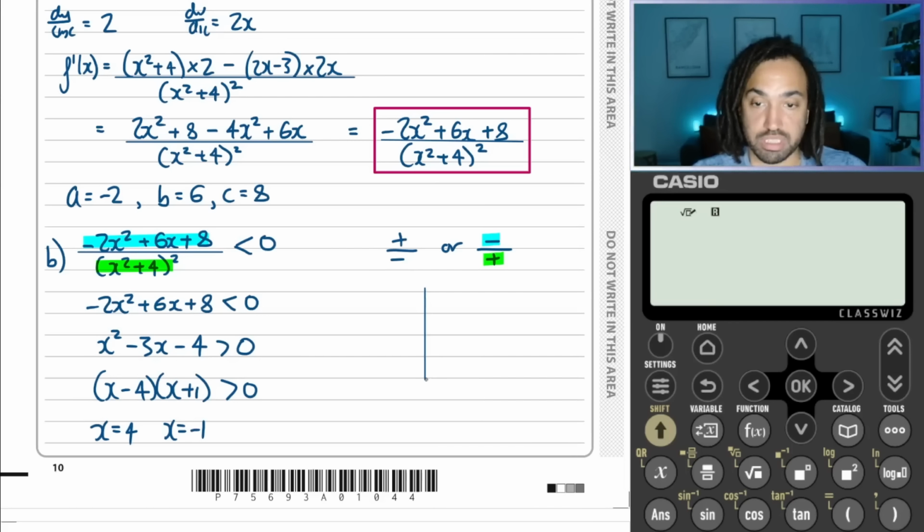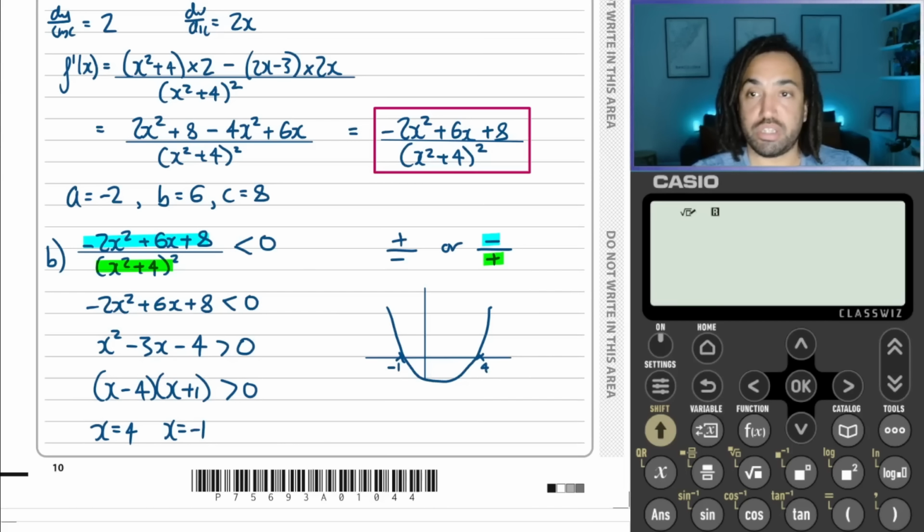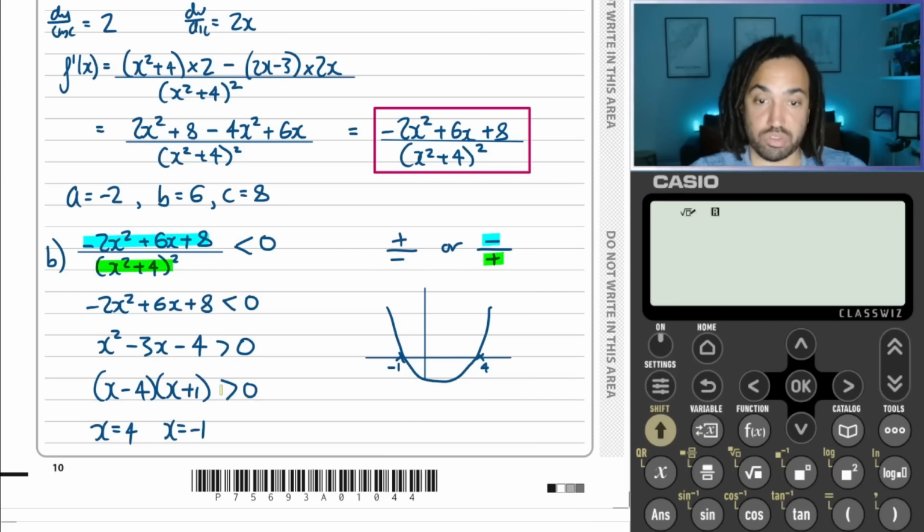So if I were to sketch this quadratic, then it would go through minus 1 and it would go through 4. So it looks something like that, minus 1 and 4. And if we need to know where this quadratic is greater than 0, well, it's this part here and this part here. So the x values that give us those parts of the graph are when x is less than minus 1 or when x is greater than 4.